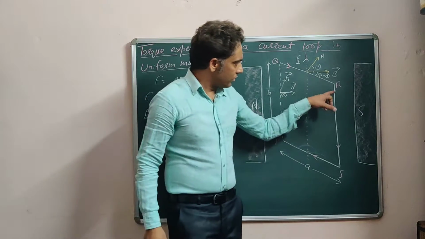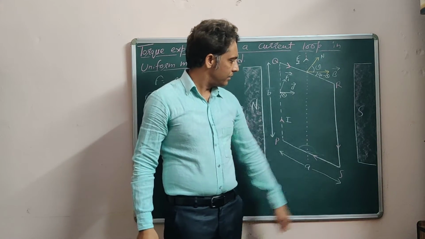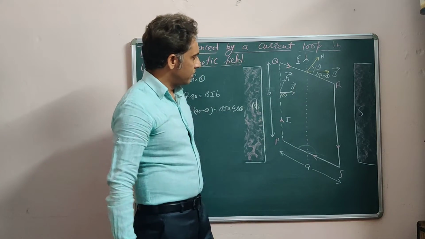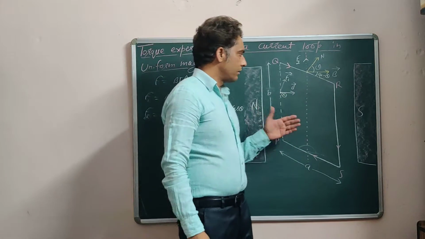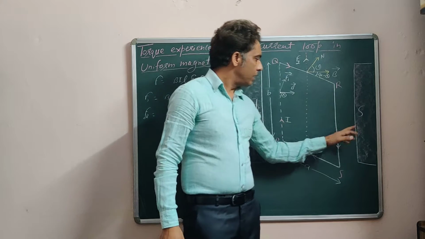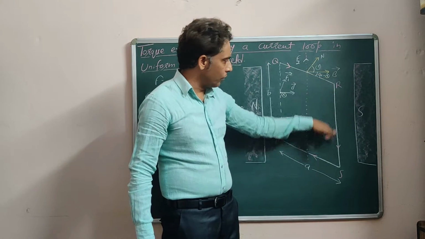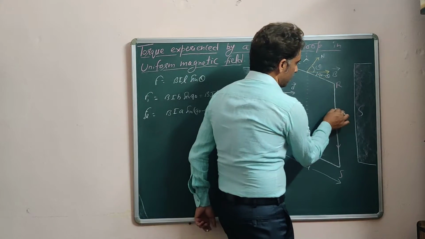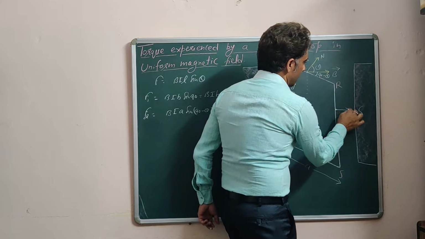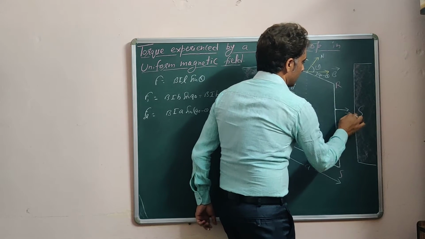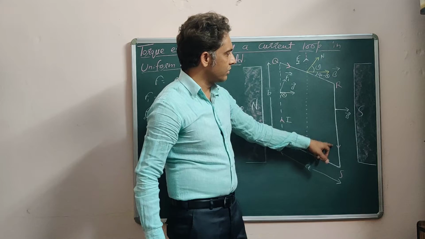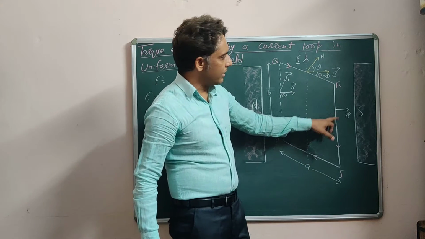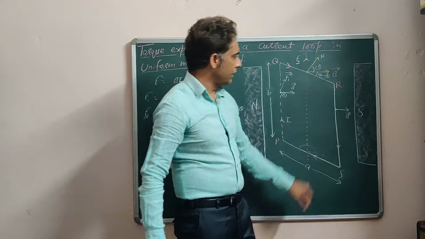Now let us see this portion RS. Here the magnetic field is from left to right, and current is flowing in the downward direction. So the angle between direction of current and magnetic field is 90 degrees.